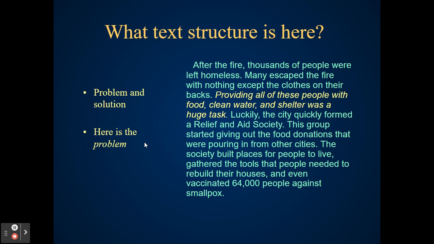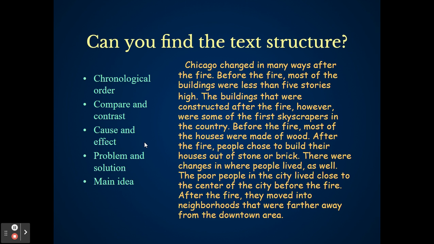So even though it didn't say this is the problem, when it says that it was a huge task, that helps you to identify, okay, they're talking about something that's problematic. Then they say, luckily, the city quickly formed a relief and aid society. So that relief and aid society is how they're going to help solve the problem. All right, go ahead and look at this one. Pause the video.